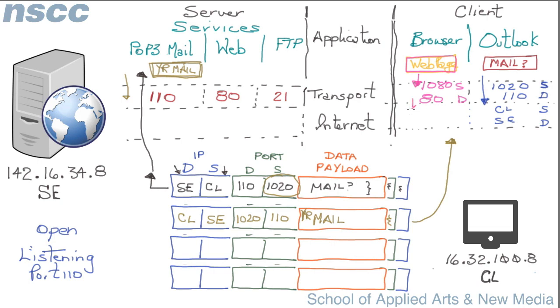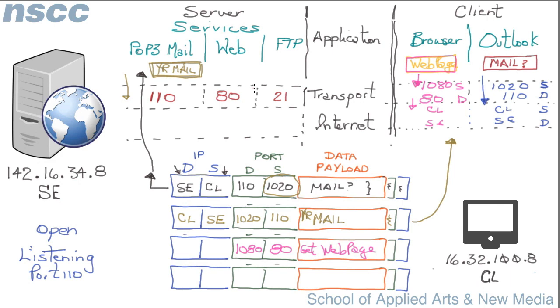As it goes down to the internet layer, the source is the client, the destination is our server over here. So it's going to construct a packet here that's going to try to get a web page. It's going to make this request. The source port could be 1080. The destination port has to be 80.